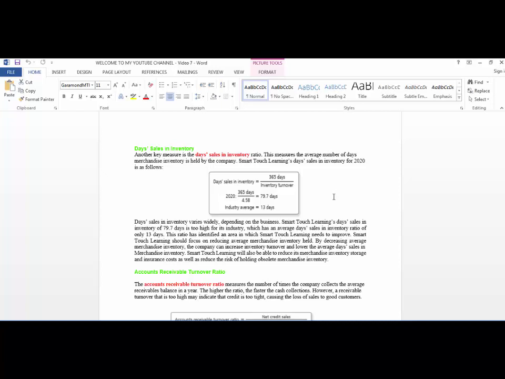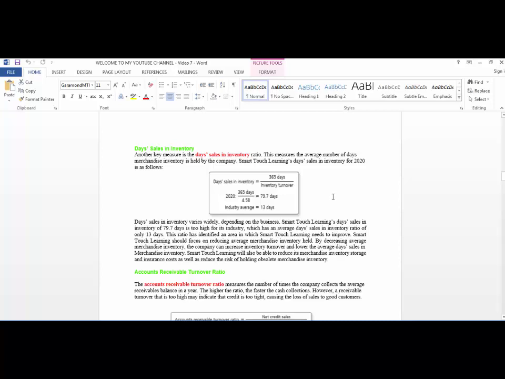By decreasing this inventory, the company can increase its inventory turnover and lower the average day sales in merchandise inventory. If we are able to reduce that inventory, then what would happen? Then the inventory storage and insurance costs, as well as the risk of holding obsolete merchant inventory, are reduced. For example, if there is inventory at risk of becoming obsolete, we have to hold it for fewer days.